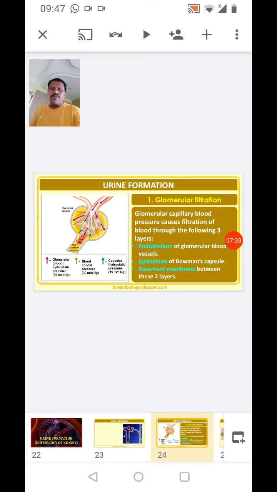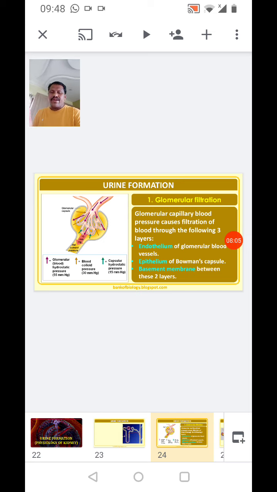That means 32 plus 18 becomes 50. This 50 millimeters Hg pressure works against the 60 millimeters Hg. That means there is a difference: 60 minus 50 equals 10 millimeters Hg. This 10 millimeters of pressure is known as net filtration pressure.